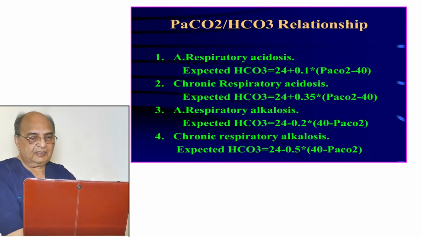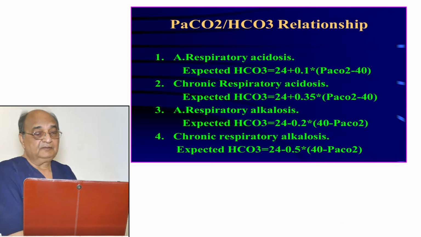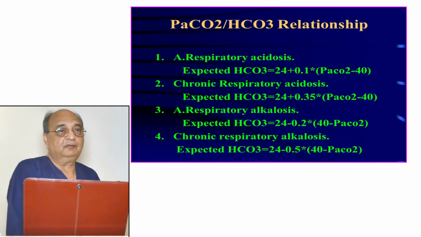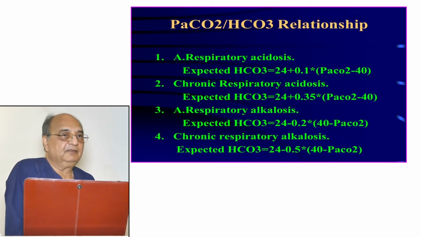Then some other calculations some people have given in the books also, relations of PCO2 to bicarbonate. If you want to indulge in that, for respiratory acidosis, expected bicarbonate is equal to 24 plus 0.1 multiplied by PaCO2 minus 40. Don't confuse yourself with these things. These are written in the books, that's why I'm mentioning it.